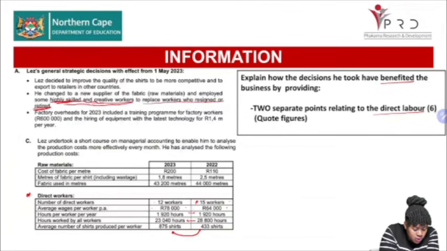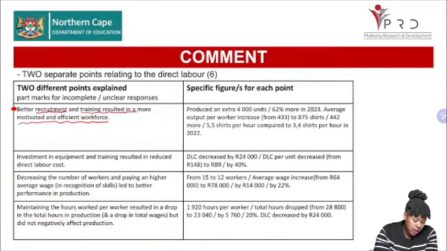That was his recruitment strategy. This decision helped him to improve the workforce, and therefore they produced 4,000 units more. He also invested in equipment and trained the workers, resulting in reduced labor costs.